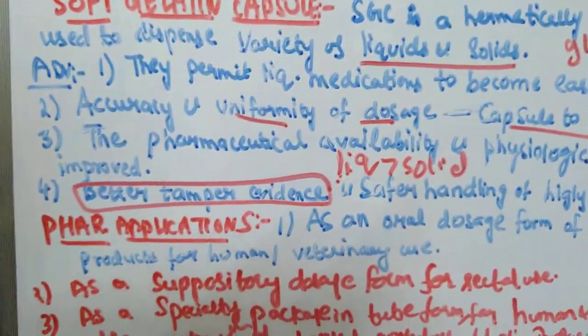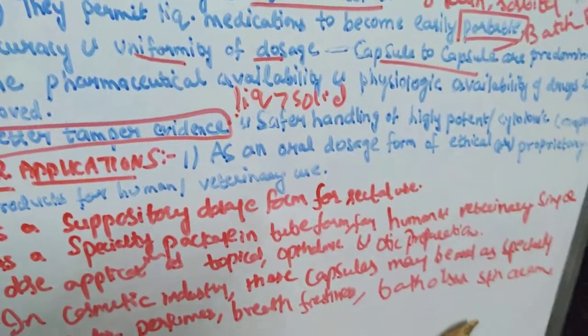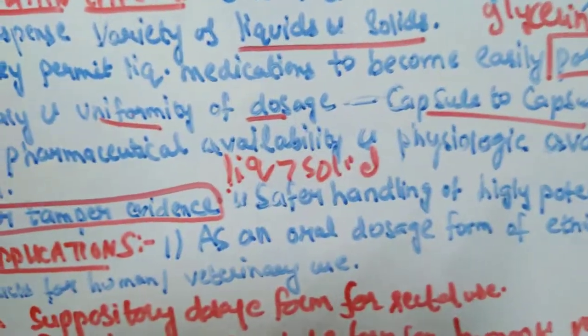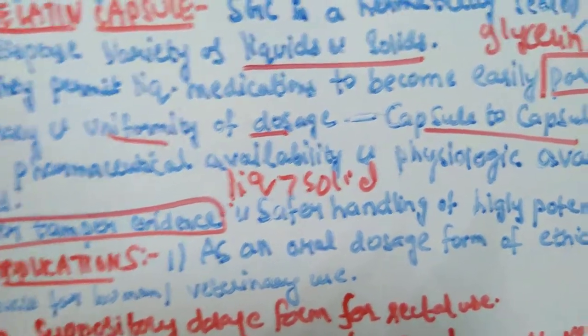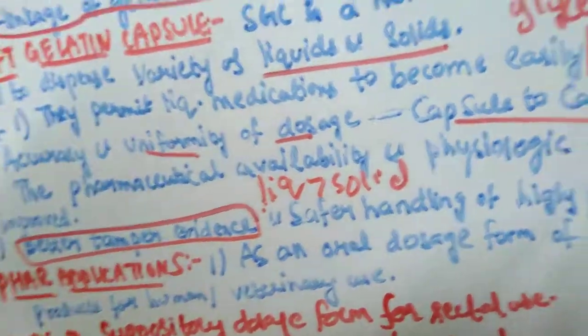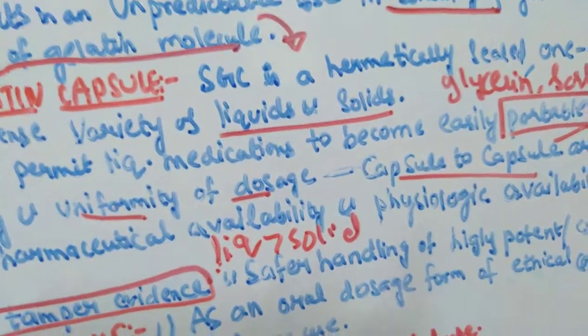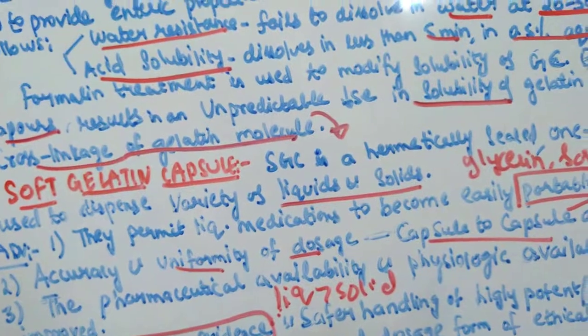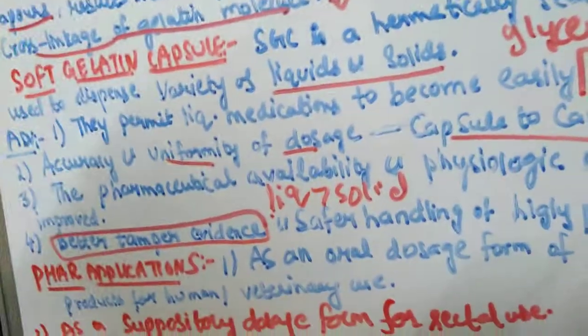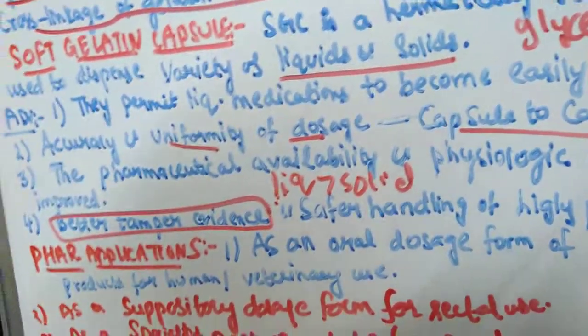Coming to the pharmaceutical applications of soft gelatin capsules. Because of the special properties and advantages, soft gelatin capsules are used in a wide variety of industries. They are used in the pharmaceutical industry, and billions of capsules are made each year in many shapes and sizes. So what are their applications?